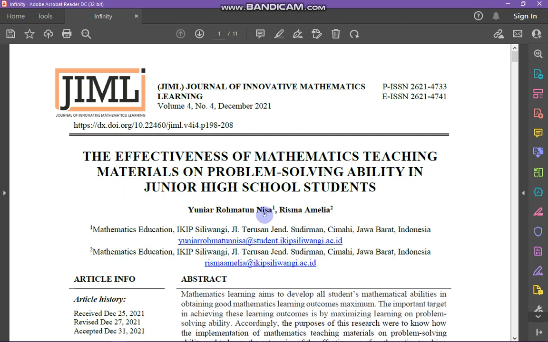This part is the authors, their affiliation and their emails. Yunir Rahmatun Nisa and Risma Amelia, Mathematics Education, IKIP Siliwangi, Jalan Terusan Jenderal Sudirman, Cimahi, Jawa Barat, Indonesia, and these are their emails.